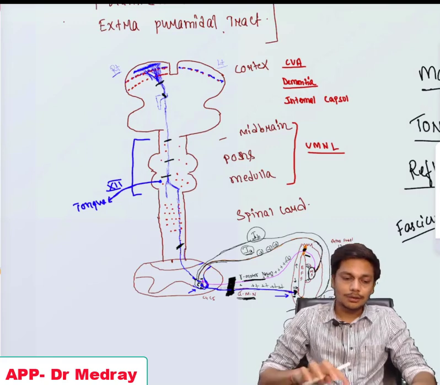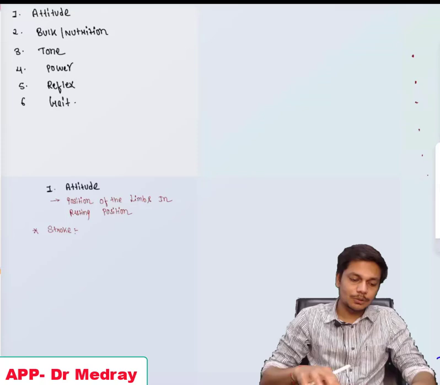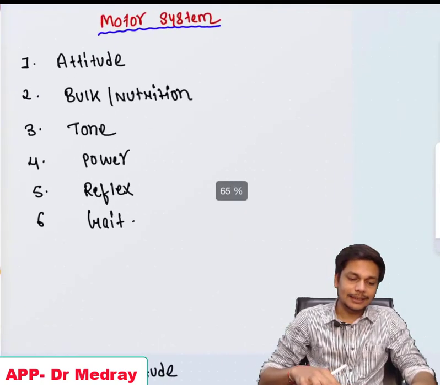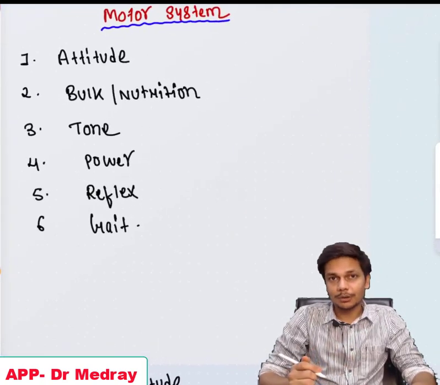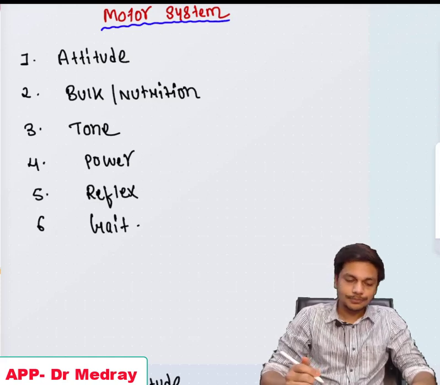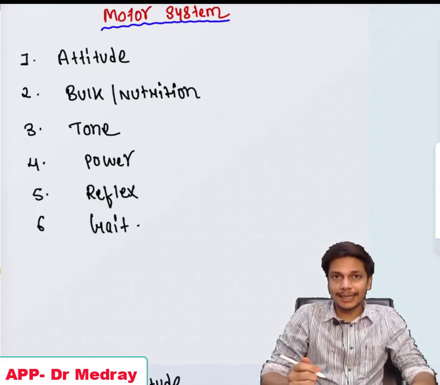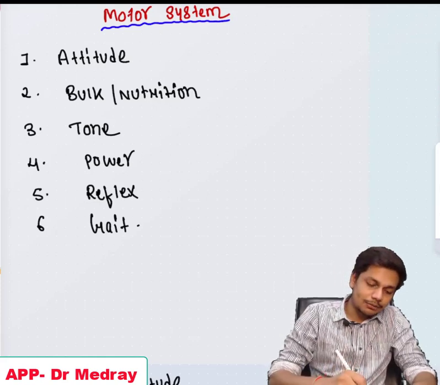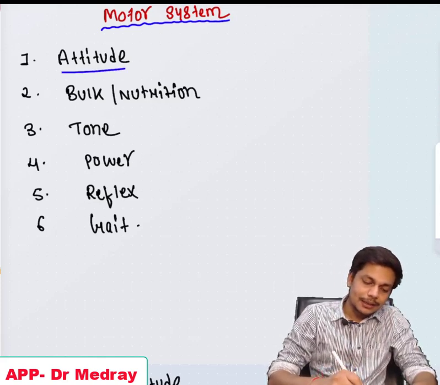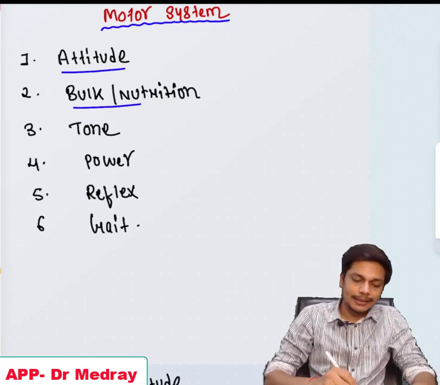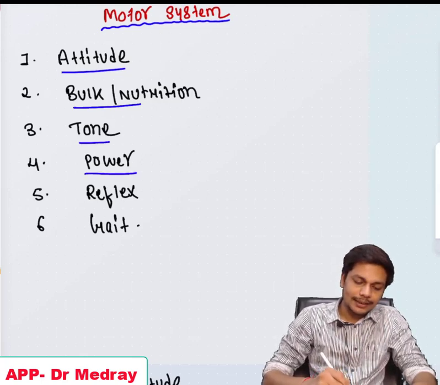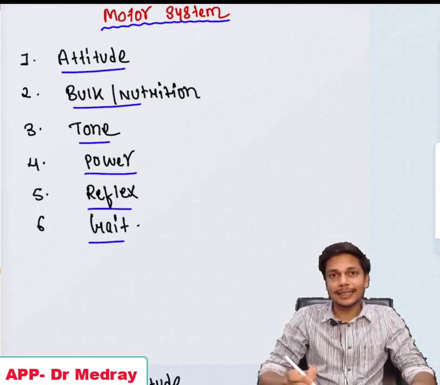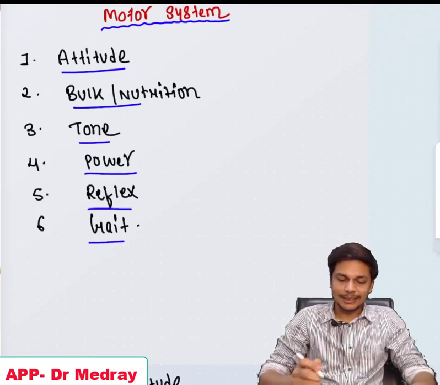Before examination of the motor system, we must understand the concept of the upper motor and the lower motor neuron. In the examination of the motor system, we have to look at the attitude of the patient, the bulk, the nutrition. We will discuss in detail the tone, power, reflex and gait.